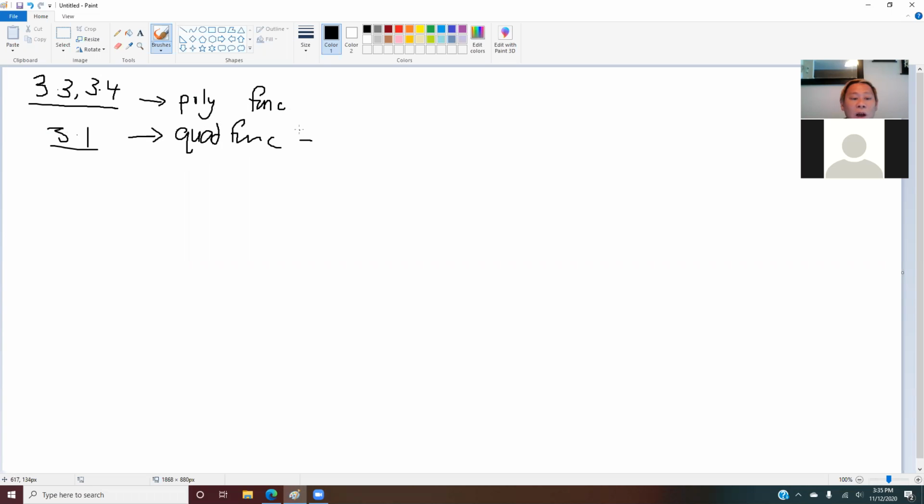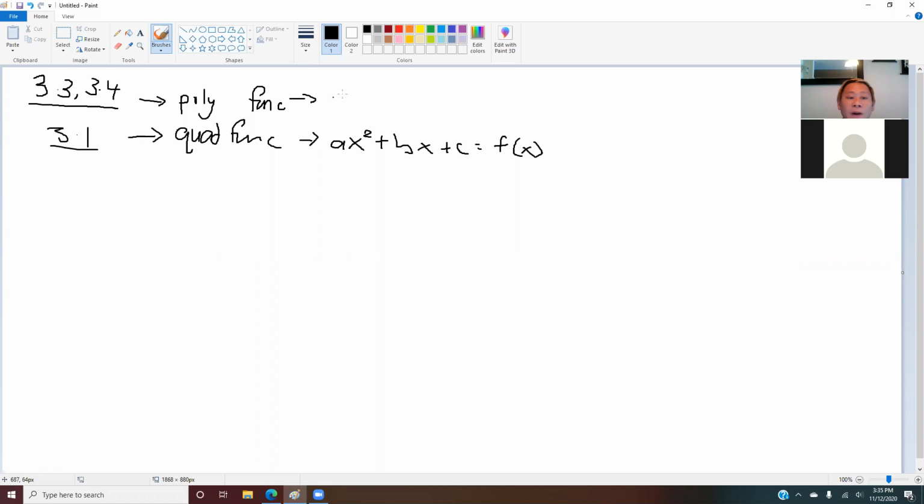That means ax squared plus bx plus c, the function f of x. This is easy to do in 3.1 because you can find the zeros and the x-intercepts by factoring or by the quadratic formula.